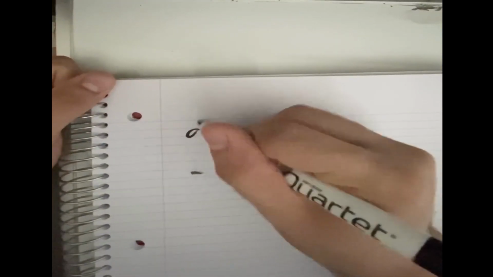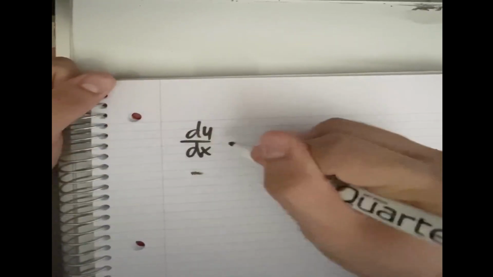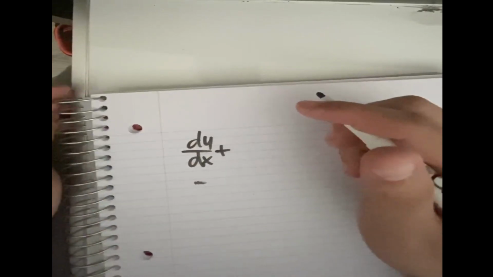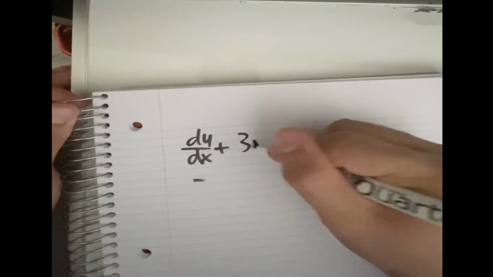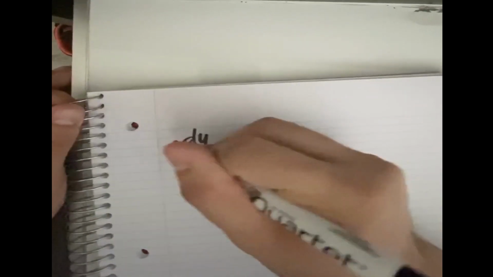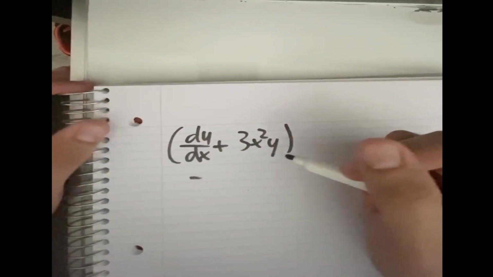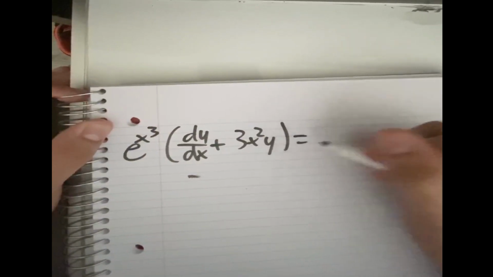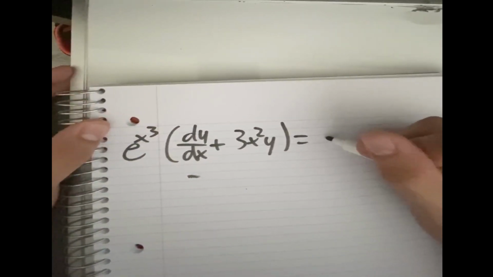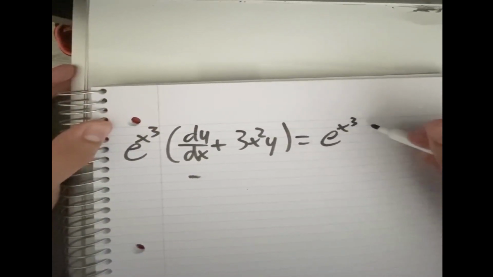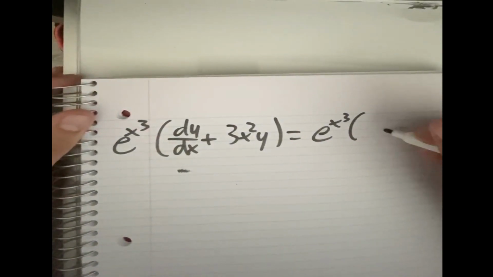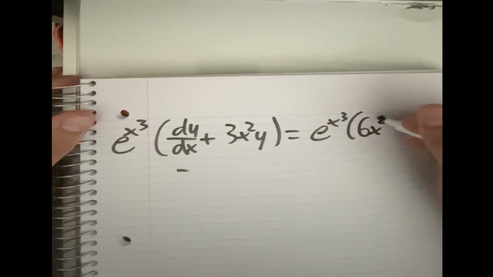So our dy over dx plus our p of x times y, which was 3x squared y, we multiply by our integrating factor, which was e raised to the x cubed, is equal to e raised to the x cubed times our q of x, and our q of x was 6x squared.